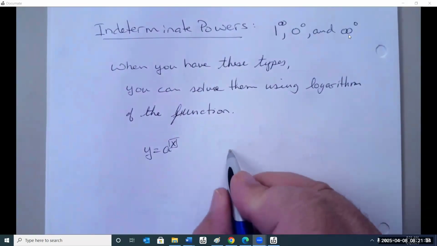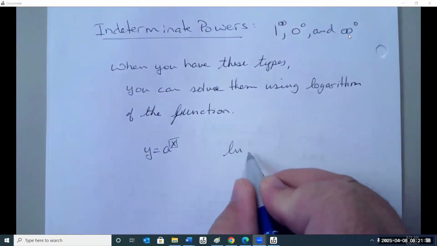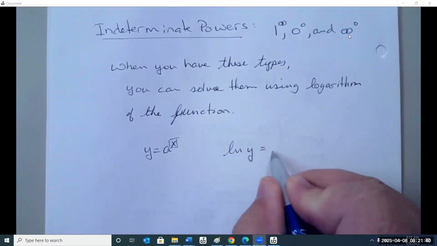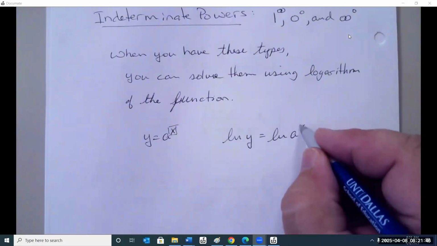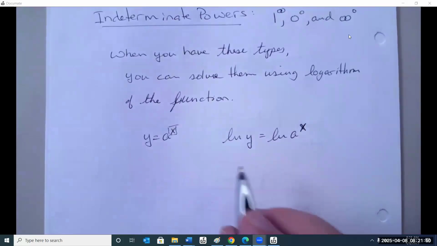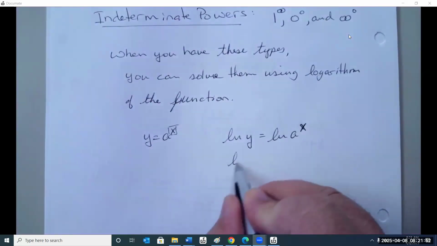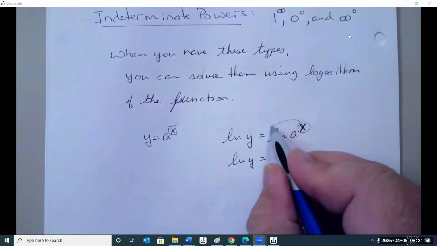The conversion of logarithms: if we take the ln of both sides, the natural log of both sides, you can't have exponents, so this comes in front.